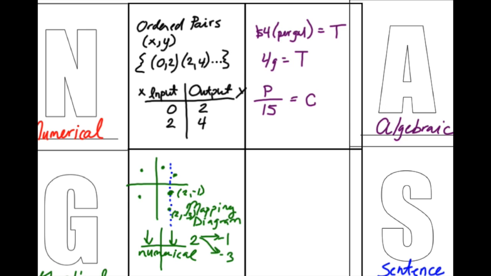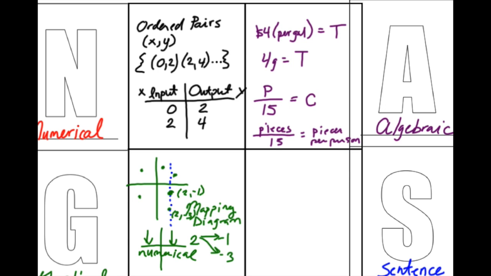So I can write that just with variables, or I can write it a little more elaborated. Sometimes people like to write out the pieces divided by 15 equals pieces per person. Especially when you're first writing your own algebraic expressions, it might help you to create more descriptions with your words.